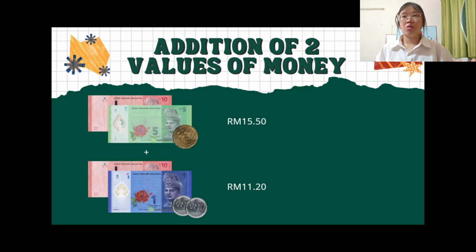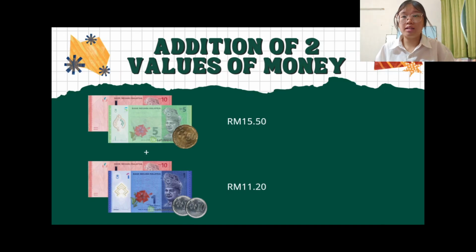Next, let's move on to another example. As you can see, we have 15 ringgit and 50 cents, and then we have 11 ringgit and 20 cents. So we have to jot 15 ringgit 50 cents as RM15.50, and then we write the 11 ringgit 20 cents as RM11.20.